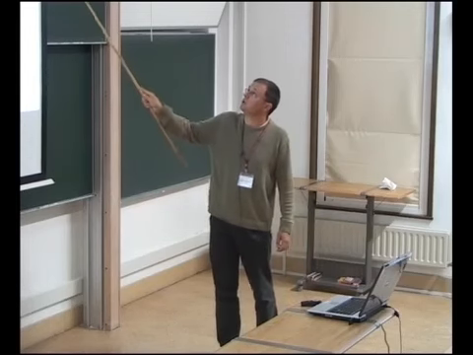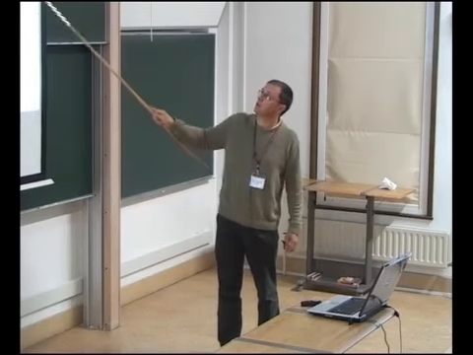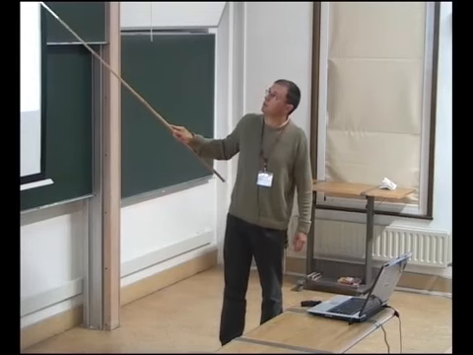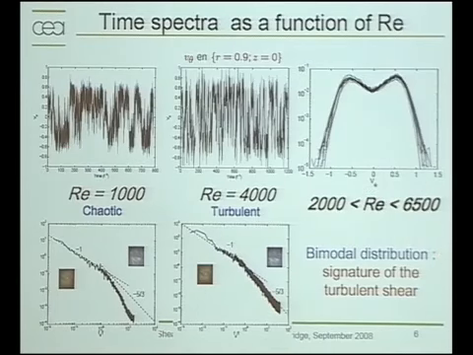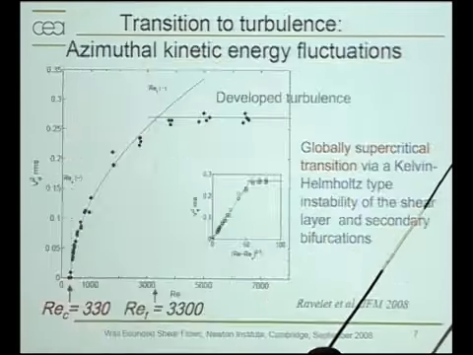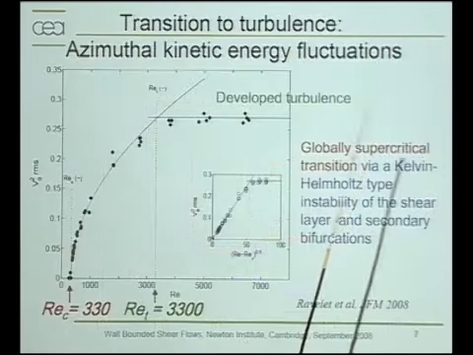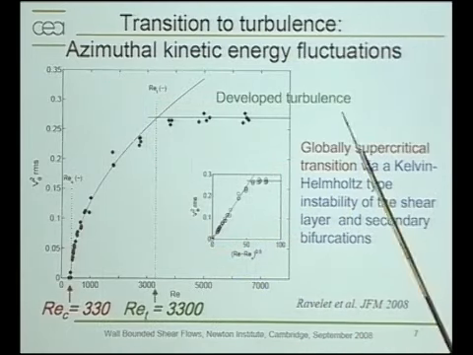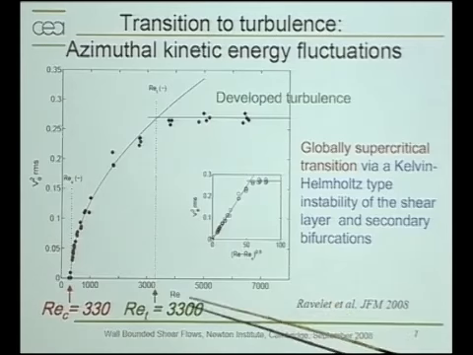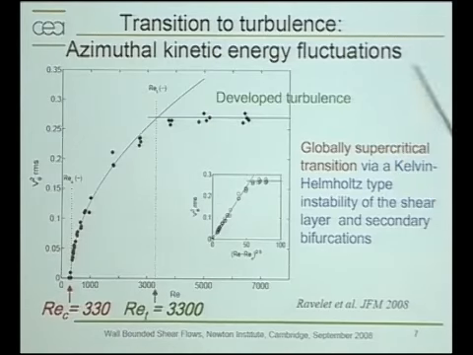But be aware that you have this bimodal distribution, because when you perform the measurement in the shear layer, you have two possibilities, minus 0.5 or plus 0.5 for the azimuthal velocity. So this is not a Gaussian. Sorry.